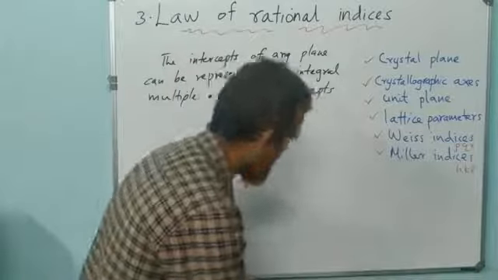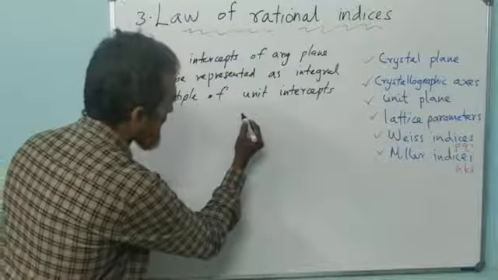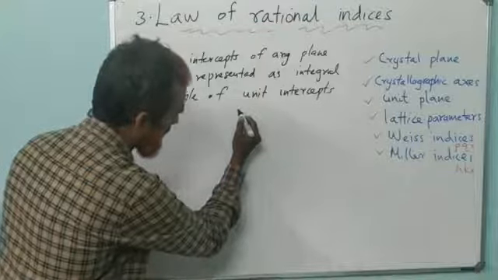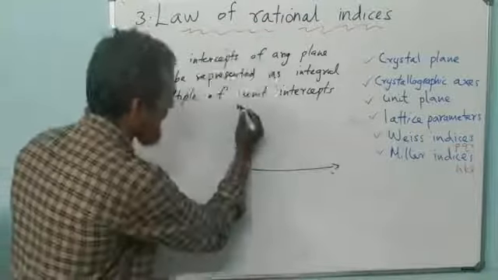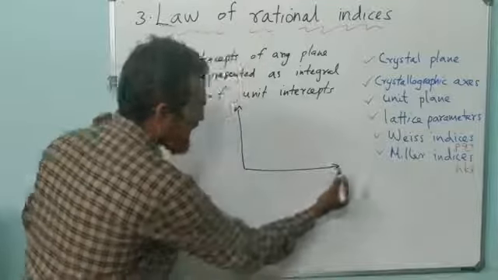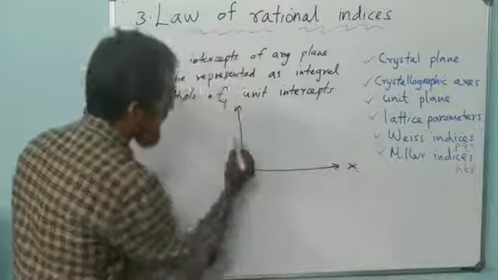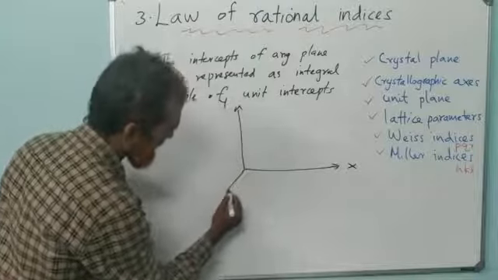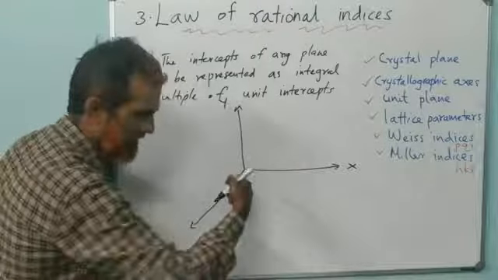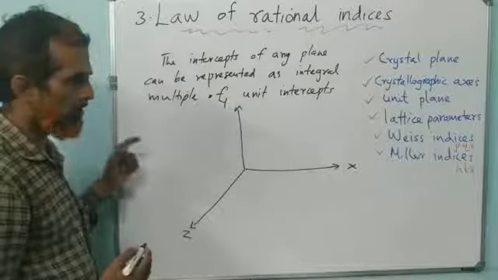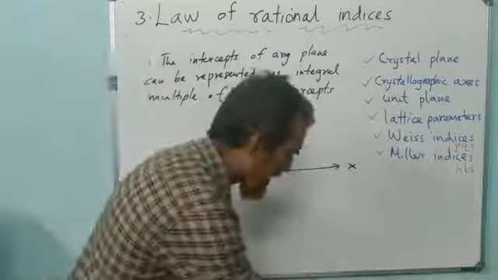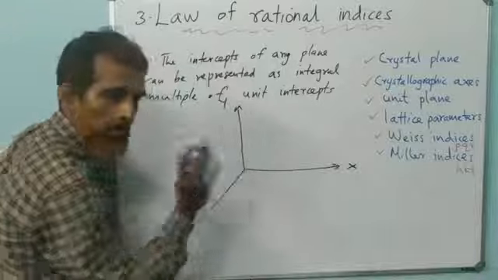To explain this, we can consider a very simple diagram. Without considering the shape of the crystal, let us consider the three axes x, y, and z. Actually, z is out of the plane, perpendicular to both. And here, let me mark a unit plane.